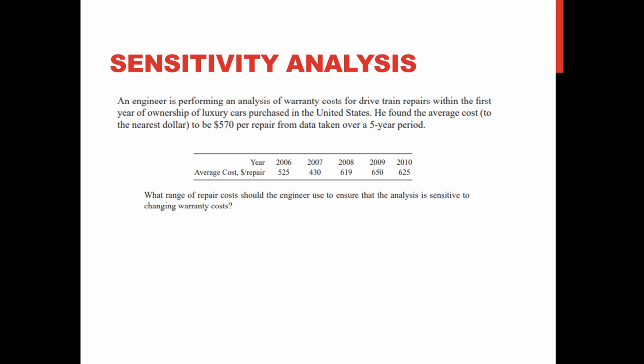So basically, it is obvious that the repair cost is fluctuating. Okay? Fluctuating constantly from 2006 to 2010. But yung fluctuation ng 2008, 2009 to 2010 medyo magkakalapit. So those are the consideration.